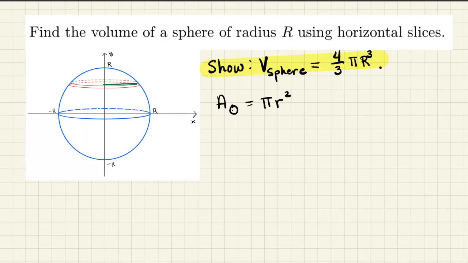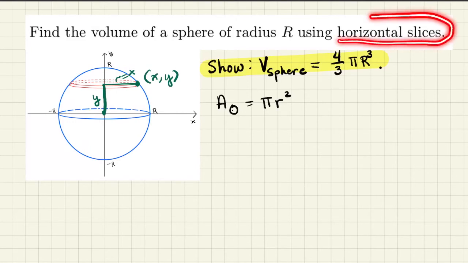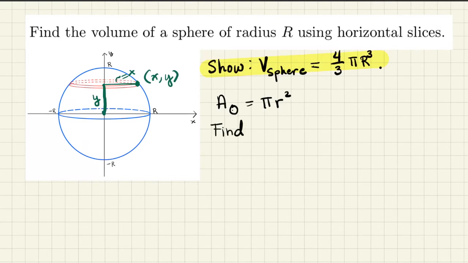So, yan yung r. So, let's call this point here xy. So, kung ito ay xy, this r here is x, and ito ay y. Okay? So, since we are using horizontal slices, dapat when we set up the volume, it must be in terms of y. Okay? So, we need to find r in terms of y.